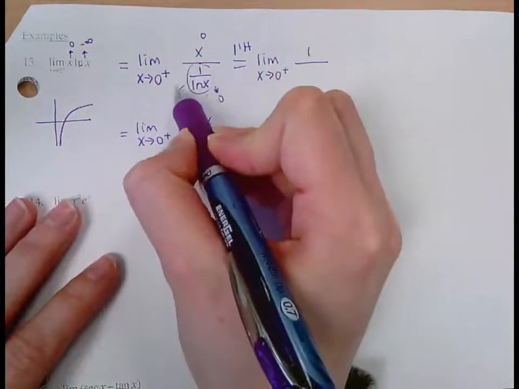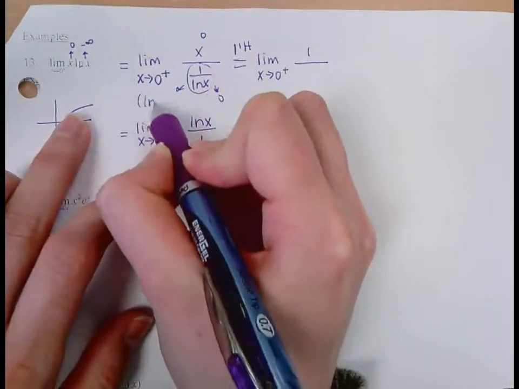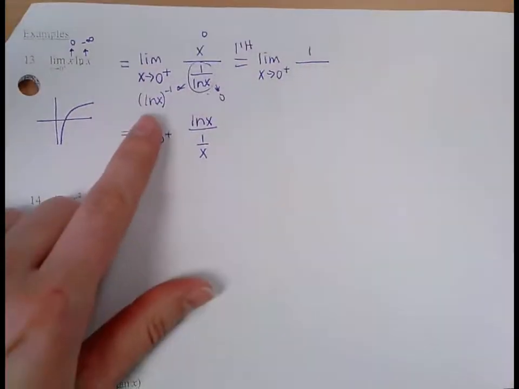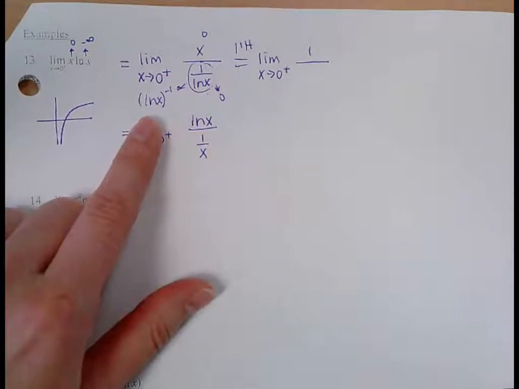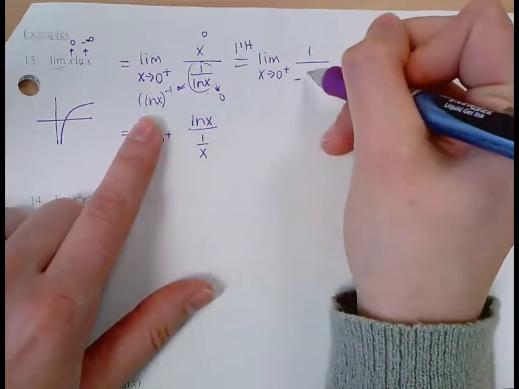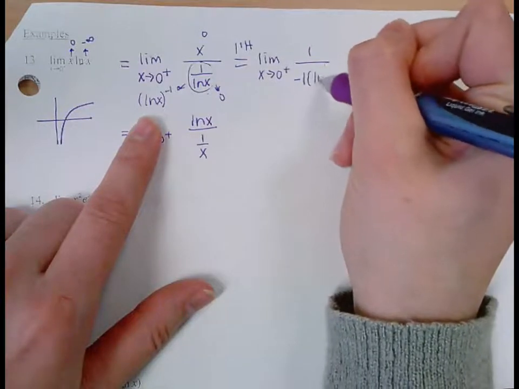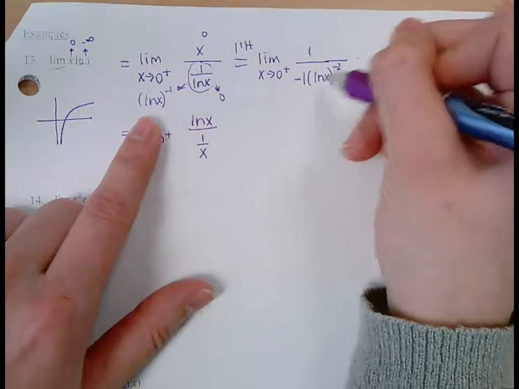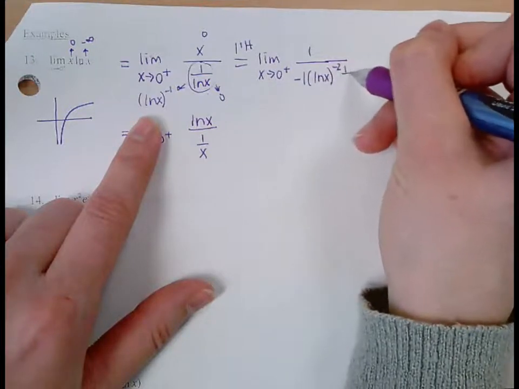Or you could rewrite this as natural log of x to the negative first. So then taking the derivative of this would be a chain rule. So it would be negative 1 times the natural log of x to the negative 2 times the derivative of natural log of x, which is 1 over x.